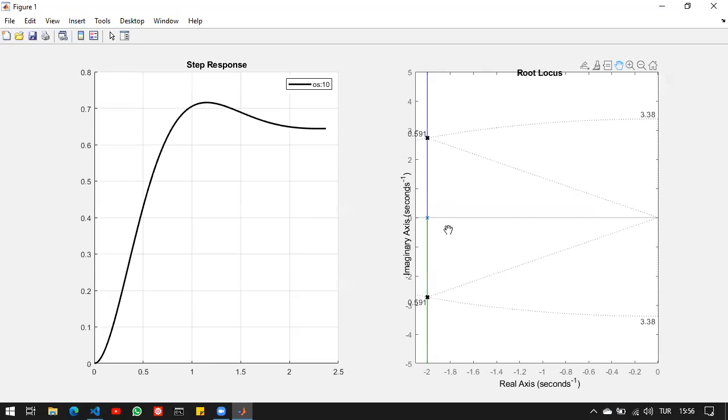So the P-type controller gives me the overshoot that I'm looking for, but you can also see that there is a steady state error because the P-type controller settles down to this value here, which is 0.64, and I've applied 1. So there's a difference there.